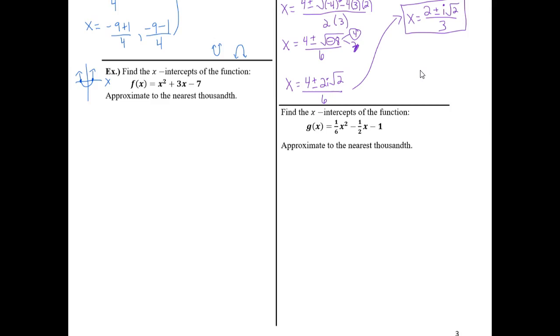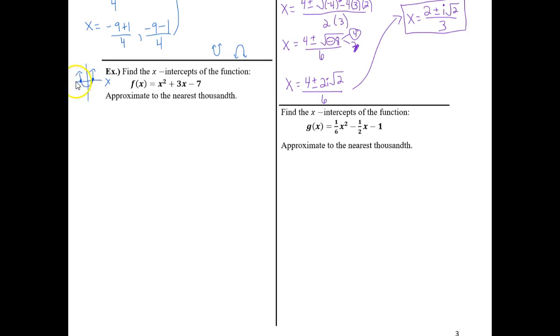And for any x-intercept, whether it's a quadratic function, a linear function, a radical function, the x-intercepts are where y equals 0, right? So y is the vertical axis. All the numbers going up are positive, getting bigger. All the numbers going down are getting negative.